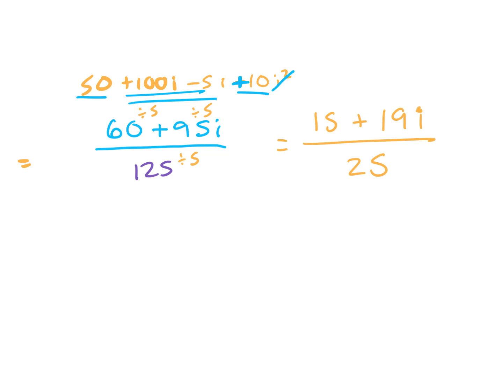Can I divide 19 by 5? Unless you break it apart into two fractions, which you don't have to, you can't simplify this anymore, because all three numbers have to be divisible by the same thing in order to simplify it more. You can break it apart into two different fractions if you wanted to, but this is fine. You can leave your answer like this.